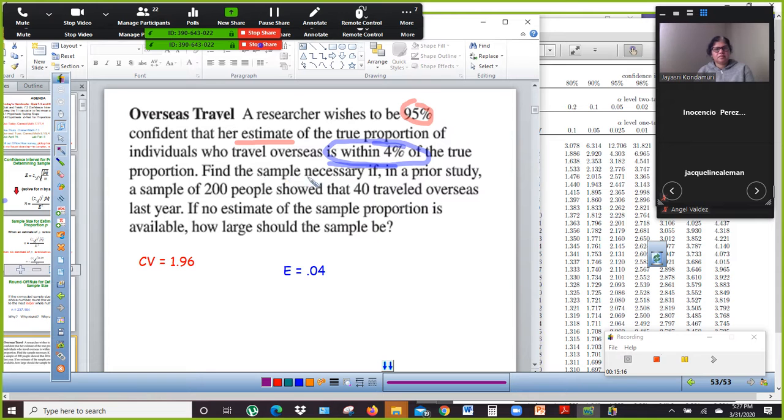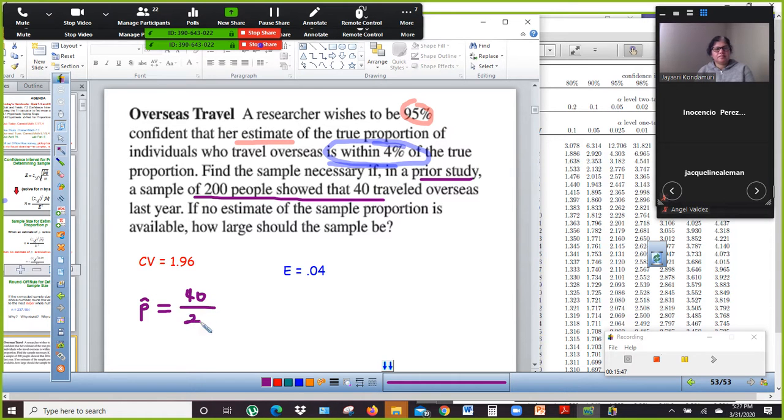And then the last thing we need to figure out is, okay, so here in a prior, so this is prior studies. This is not my study, it's a prior study. We had a sample of 200 people with 40 that traveled overseas. So that means that my p-hat, my proportion that I'm going to use as a guesstimate kind of, is going to be based on a prior study. It's not my sample, it's a previous sample, was 40 out of 200. 40 over 200.